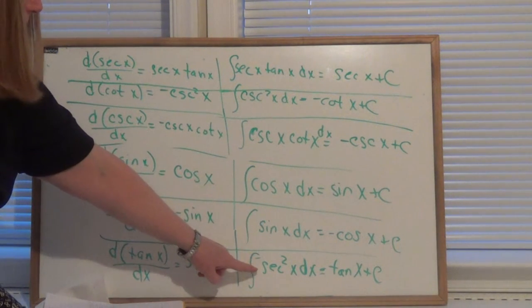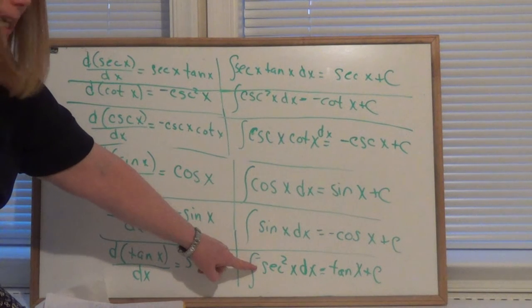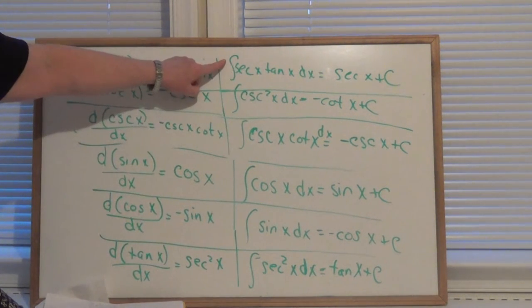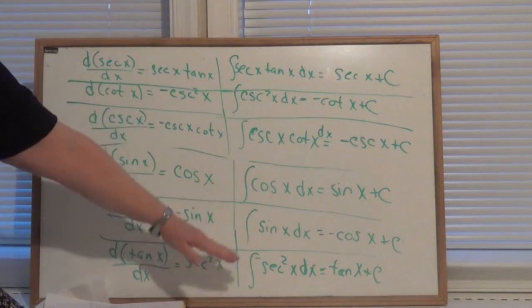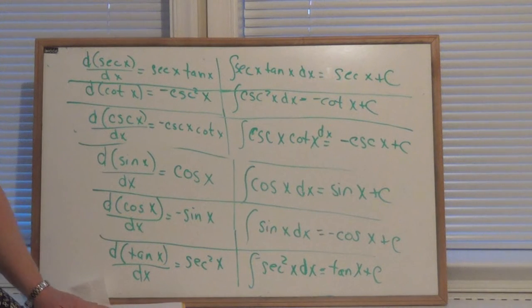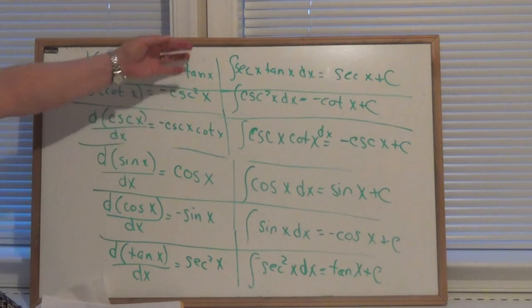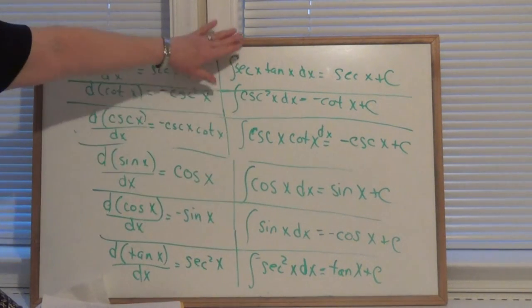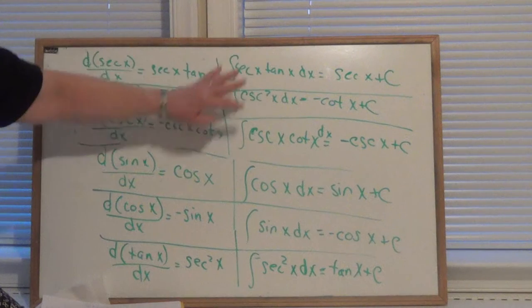And you can't take the integral of plain old secant x. It's got to be secant squared, or it has to be secant tan. Sometimes we'll give you one that doesn't look like this, but with trig identities, which is one of our favorite things to do, you can rearrange it to look like one of these. But for now, you're very much restricted by these exact forms.